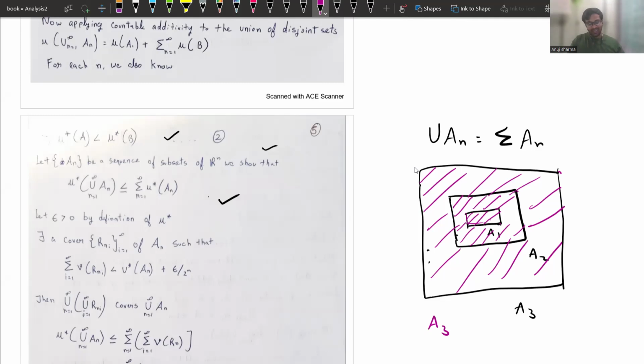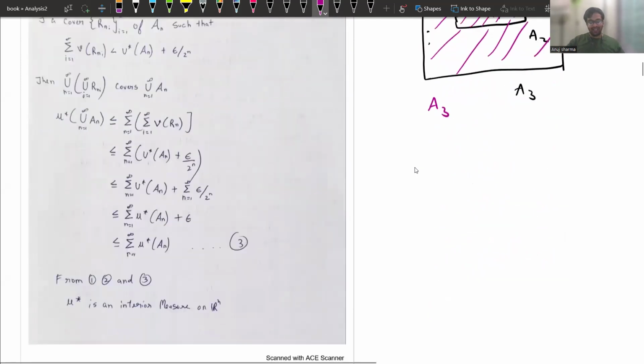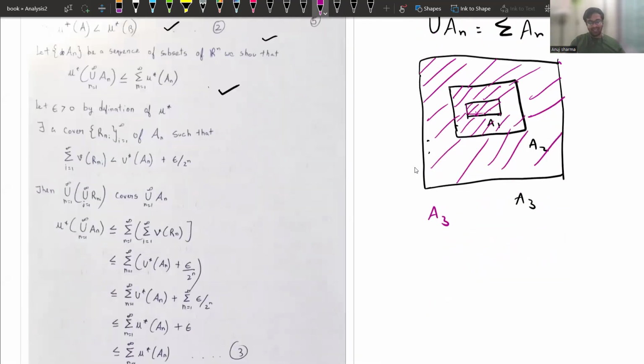So the measure of the union is less than or equal to the summation of the measures of each of the rectangles, like I have explained earlier with an example: this is A union B, and you have to keep on adding it, A1 plus A2, A plus B. Let epsilon naught be greater than 0.